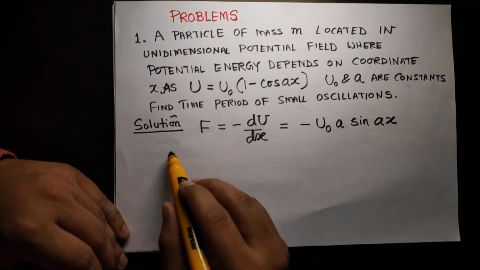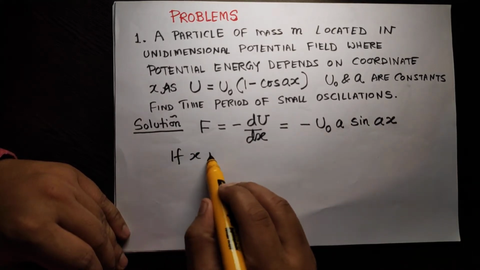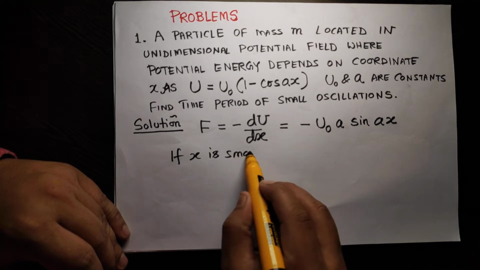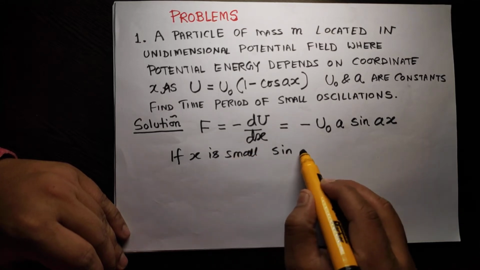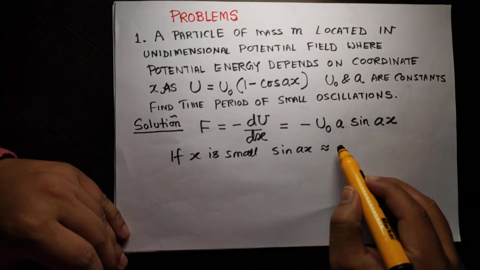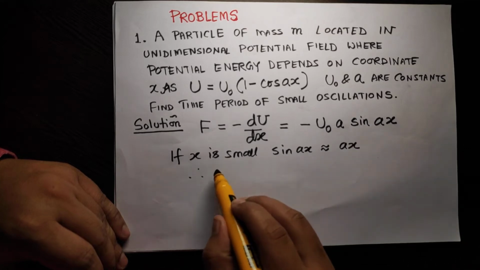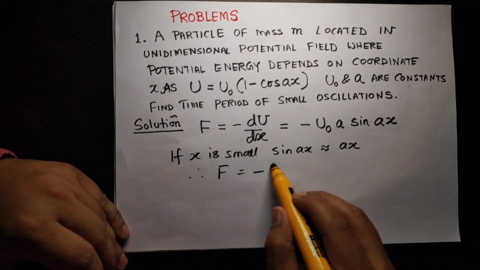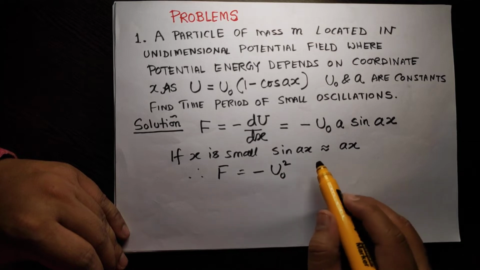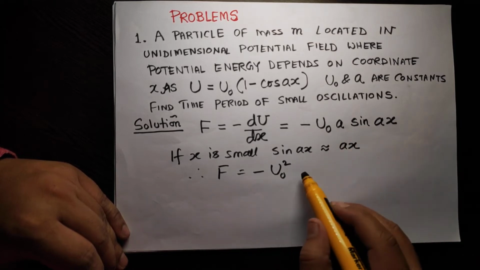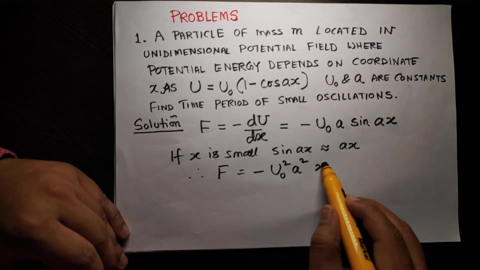Now if x is small, then sine of ax is approximately equal to ax. Therefore, F equal to minus U naught a multiplied by ax, so minus U naught a square x.